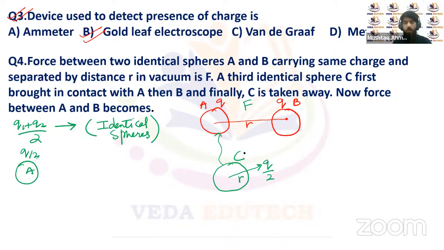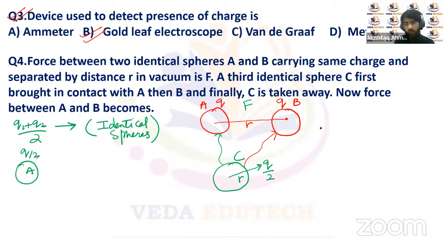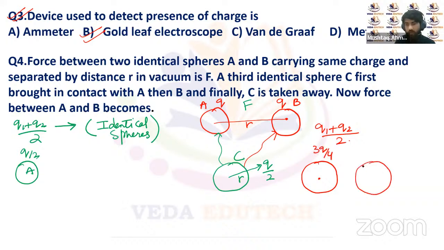Now C is again brought in contact with sphere B. Once again the charge distribution takes place according to (q1 + q2) upon 2. So finally the charge on sphere B will be (q + q/2) upon 2, which is 3q upon 4, and the charge on C will also be 3q upon 4.